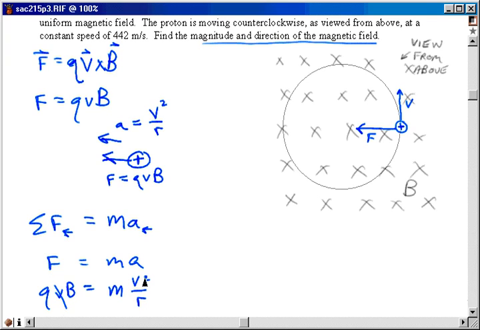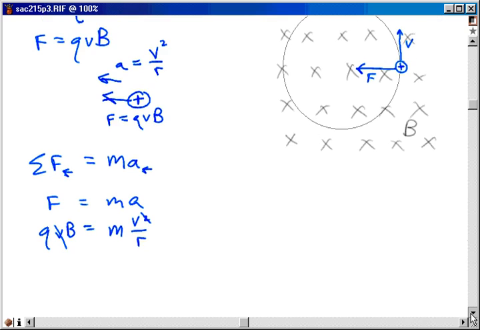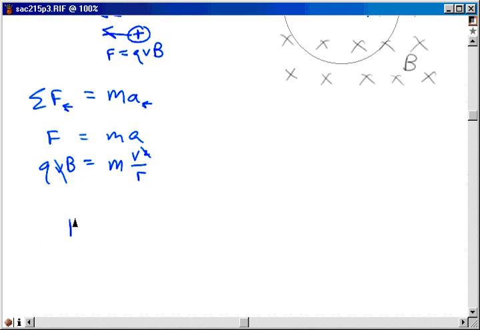One of the v's cancels, and I'm looking for B, so I'll divide both sides by q. I've got B is equal to mv over rq.